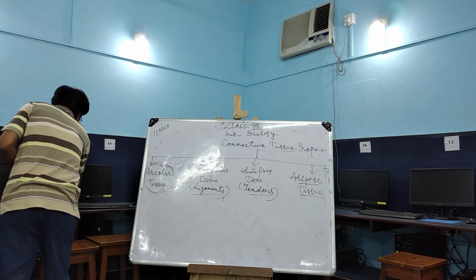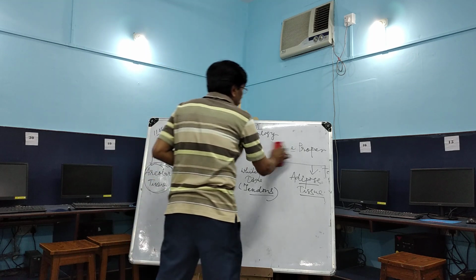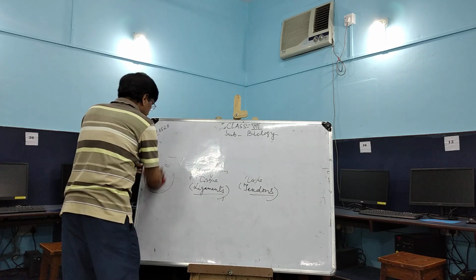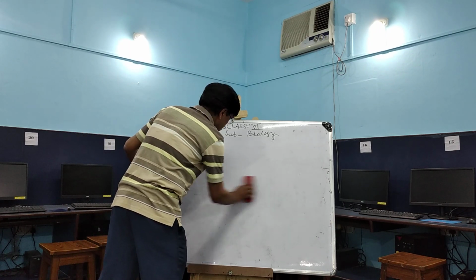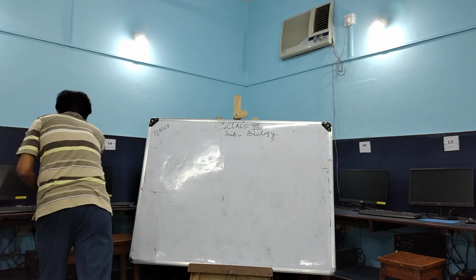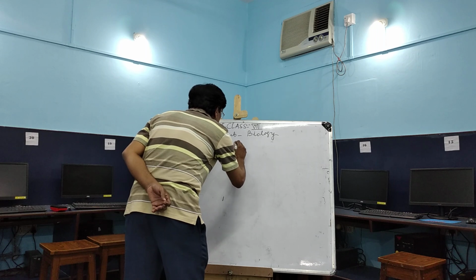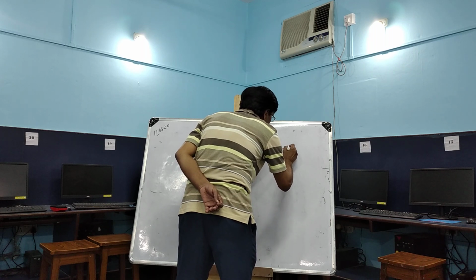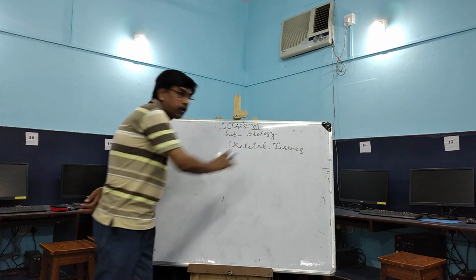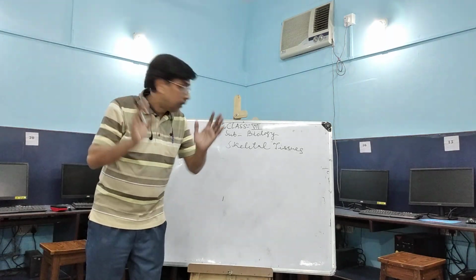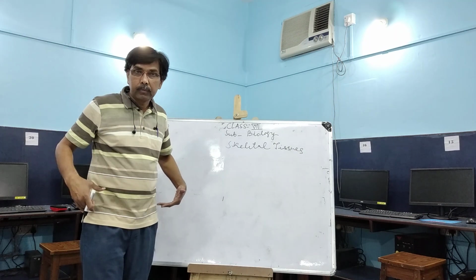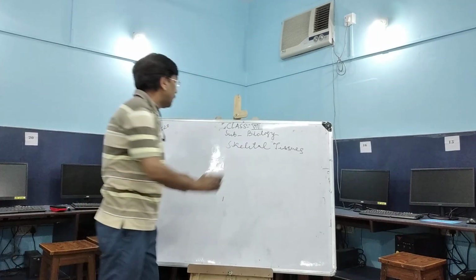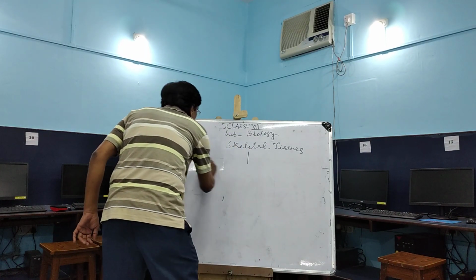Next we have skeletal tissue. It forms the endoskeleton which supports our body, and there are two main types of skeletal tissues.